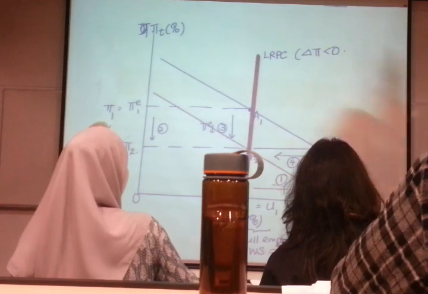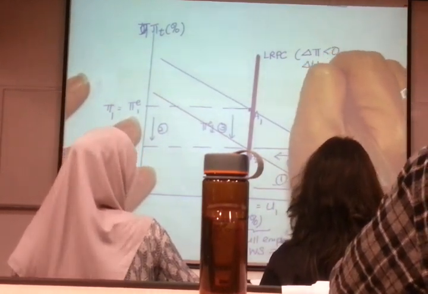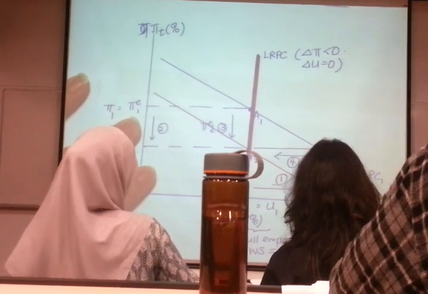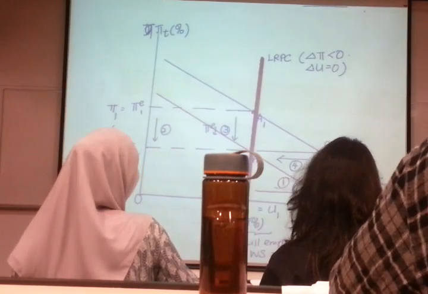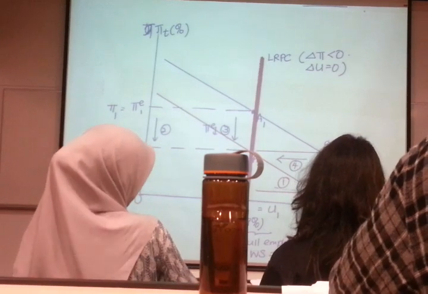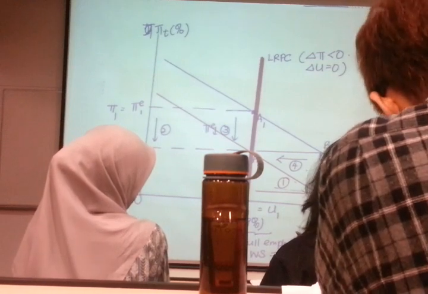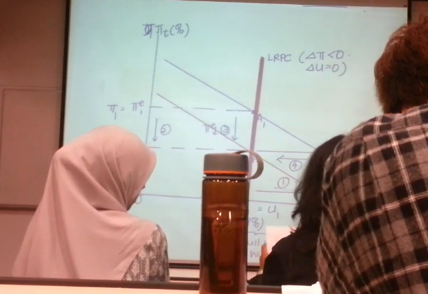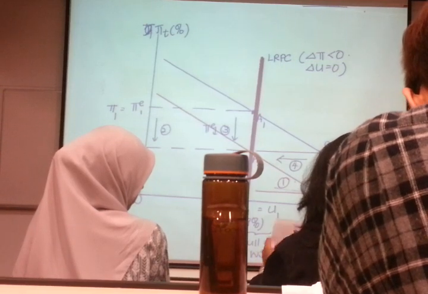Pi 2 minus pi 1 is negative. But change in unemployment rate is 0. You start at UN, you end at UN. So that's why the modern Phillips curve will show there is no trade-off. There is no inverse relationship between the two concepts.